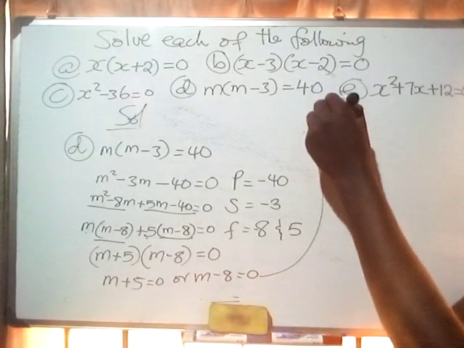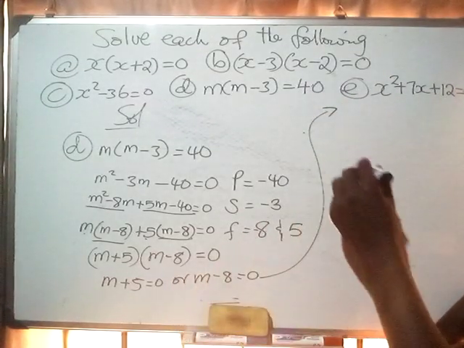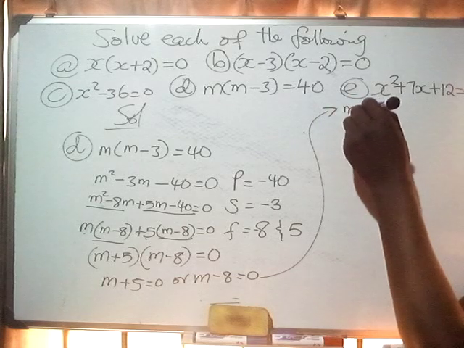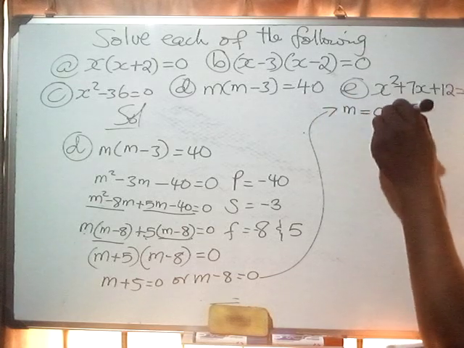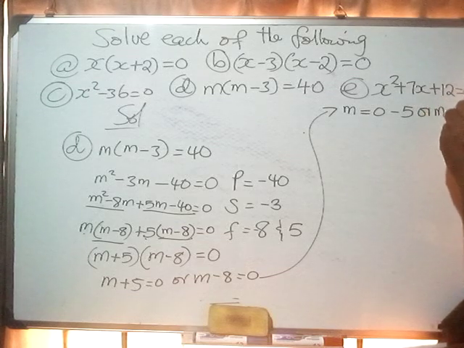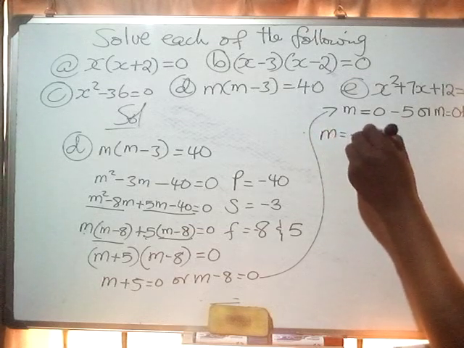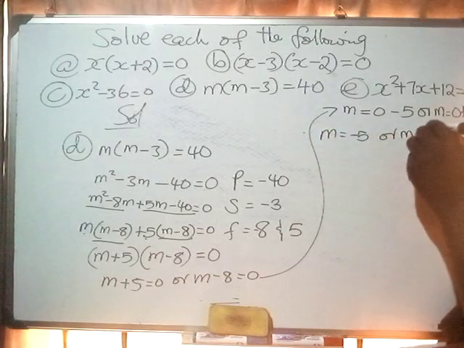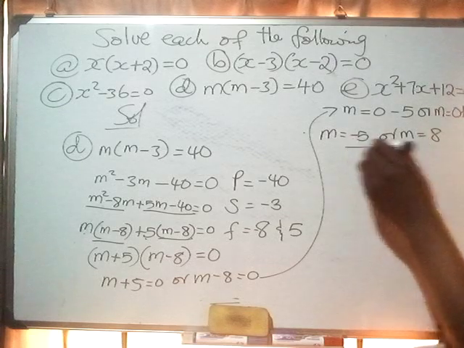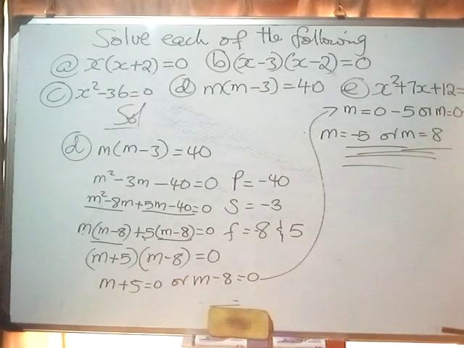So m is equal to 0 minus 5, or m is equal to 0 plus 8. So our m will be negative 5, or our m will be positive 8. These are the two values of m. We have found the values of m.